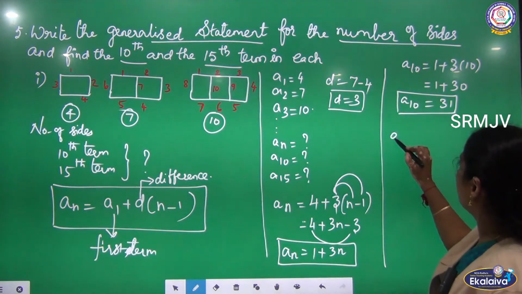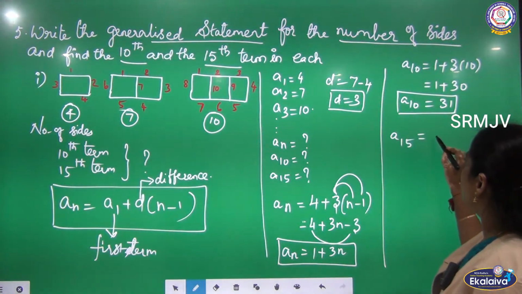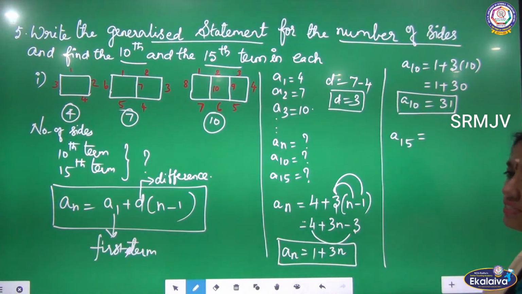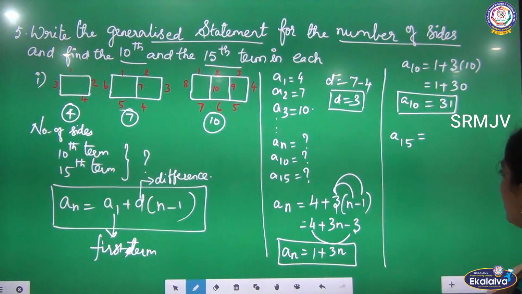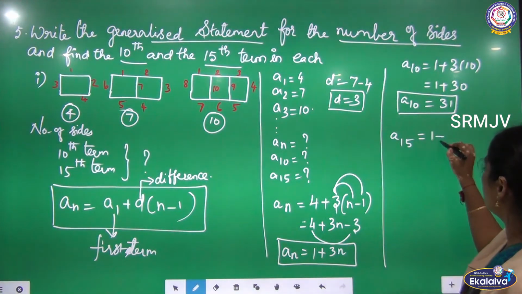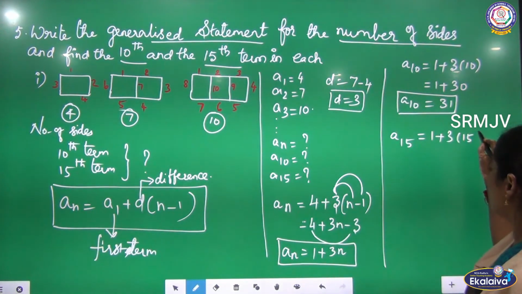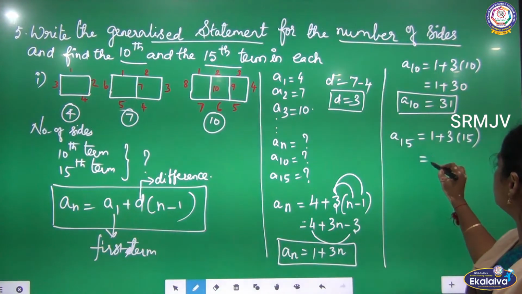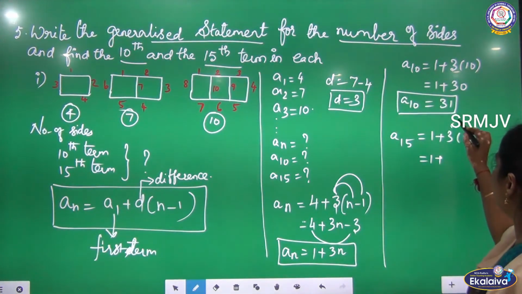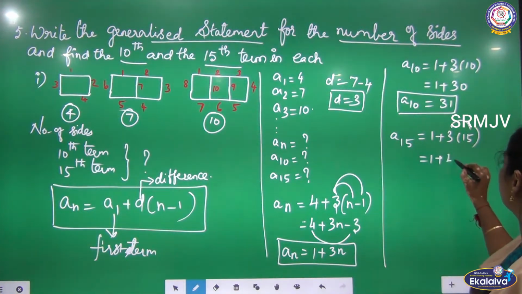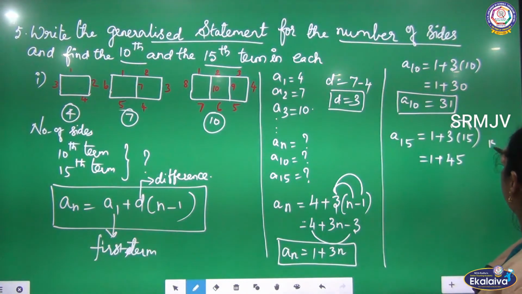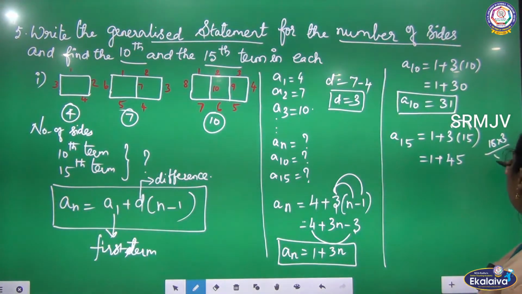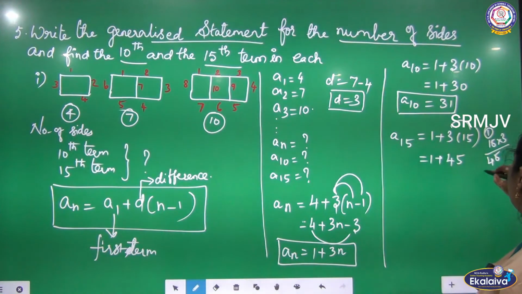Now I am going to find out A15. You have to substitute in this generalized statement. So A15 is equal to 1 plus 3 into 15. Is it clear? Now listen. What is it? 1 plus 3 15s are, what is it? 45. 15 3s are 45. Okay. See, 45.